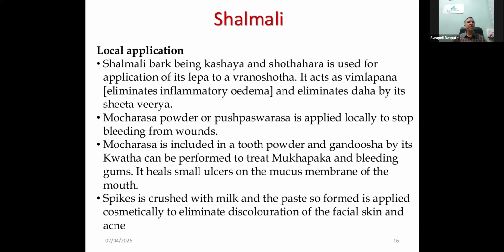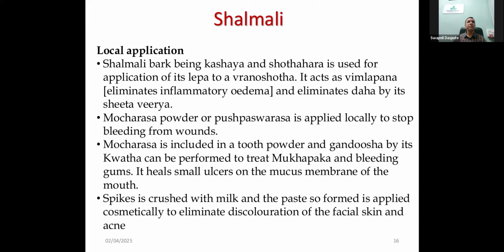Local application: Shalmali bark, being Kashaya and Shothahara, is used as a lepa for Vrana Shotha. So wherever you see shotha, swelling or edema on the wound, Shalmali bark can be used.